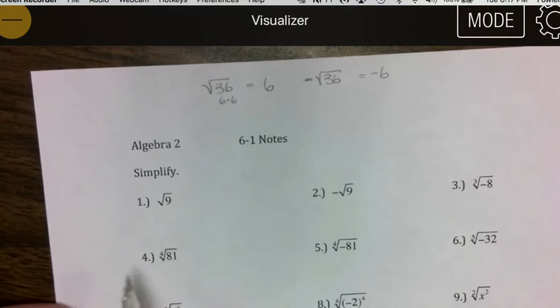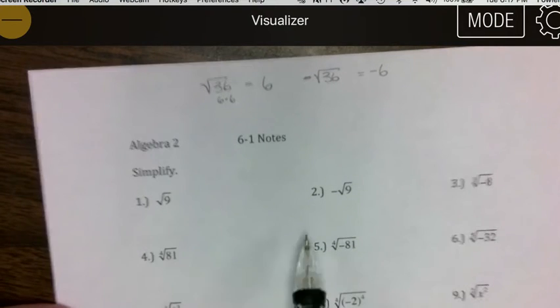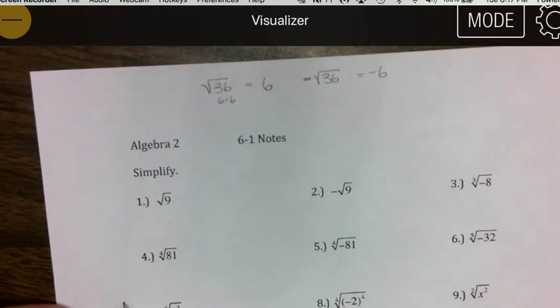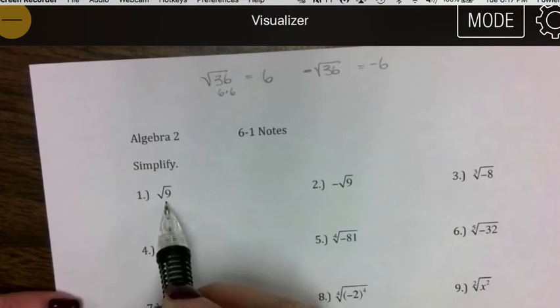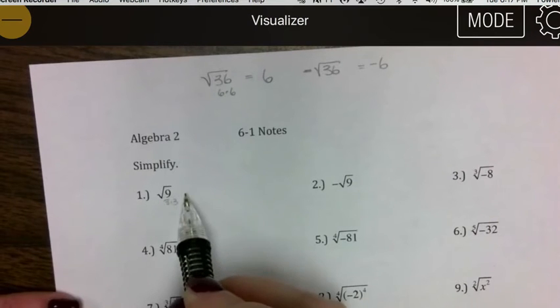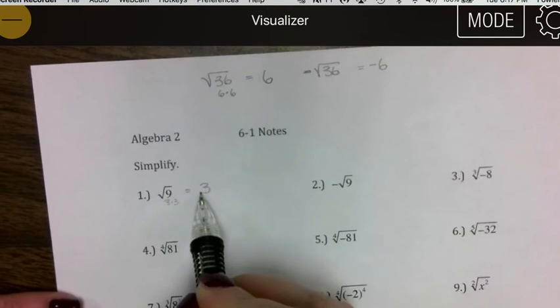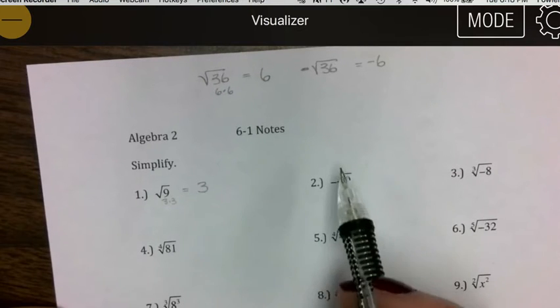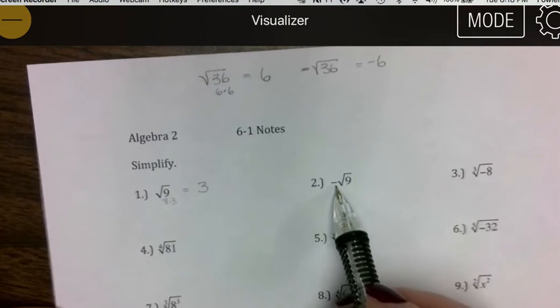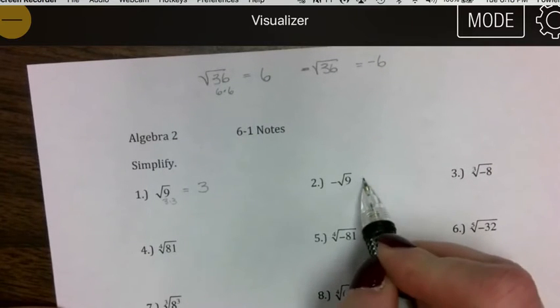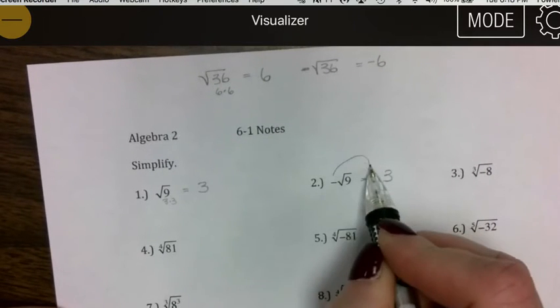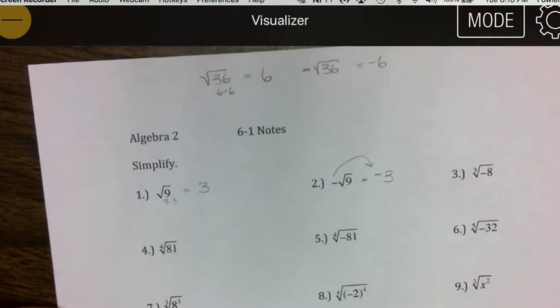Going through the very first problems down through problem number 6, the square root of 9 is 3 times 3, so the square root of 9 is 3. And if I have a negative out front, the negative just means that the answer is going to be a negative.